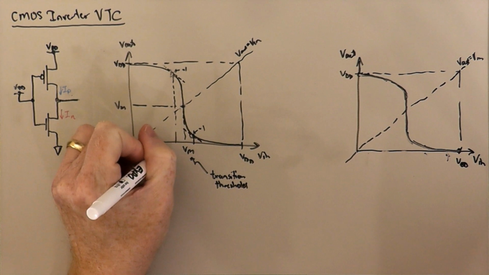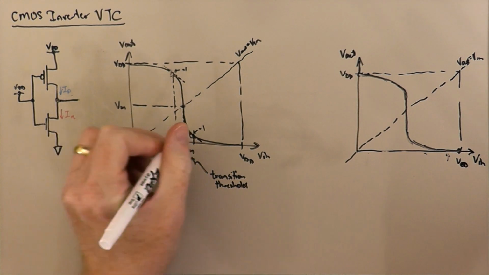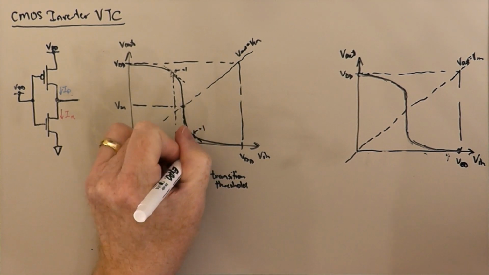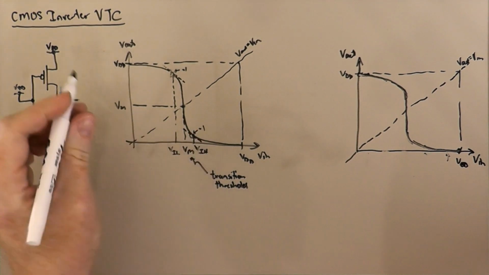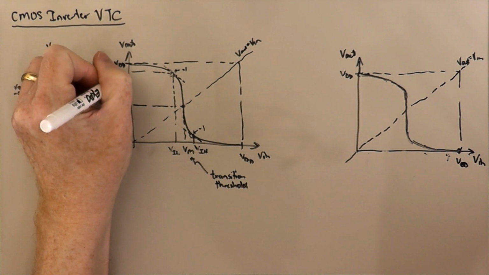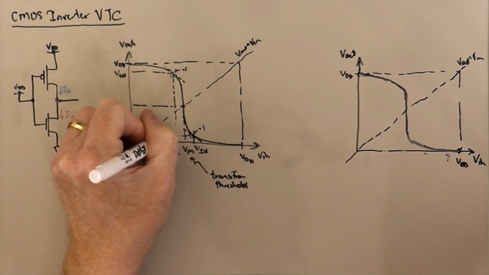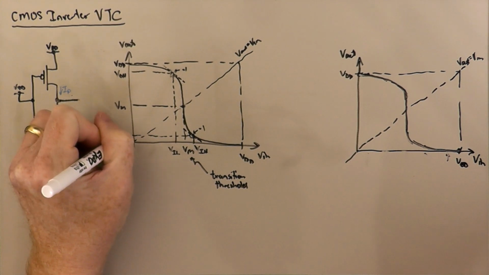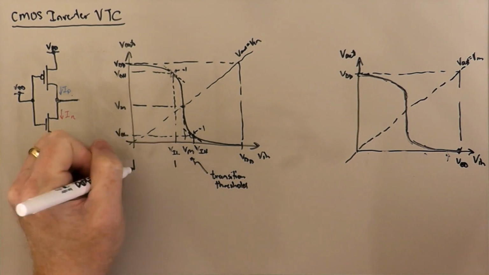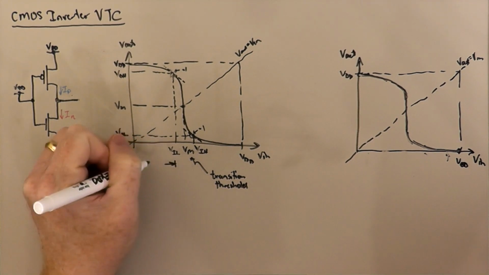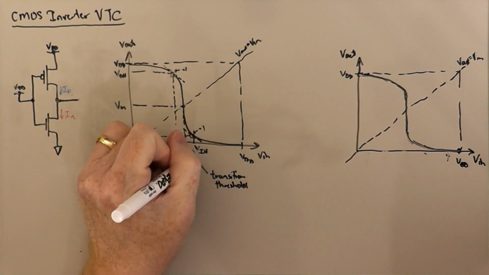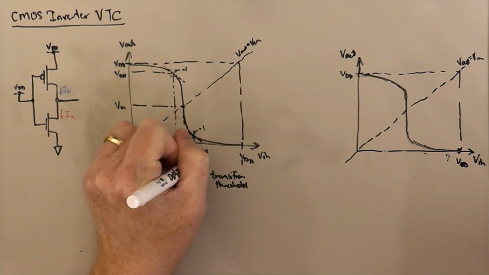So this one is called VIL, and this one is called VIH, and then this point here is called VOH and VOL. And basically, this range of input voltages is considered a 0, and this range of input voltages is considered a 1.